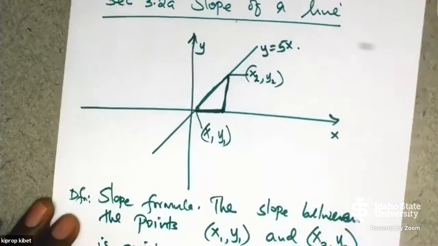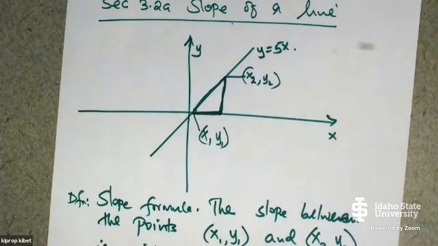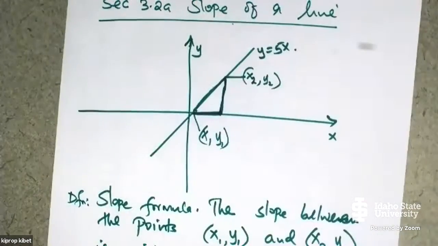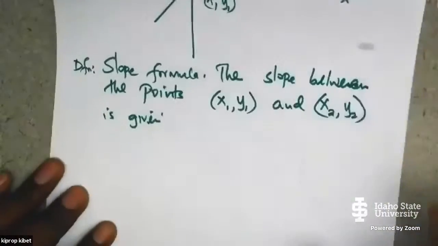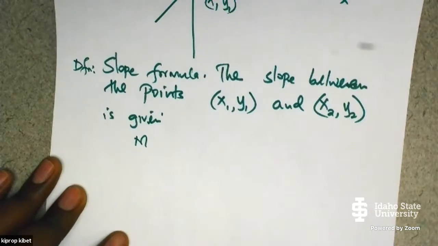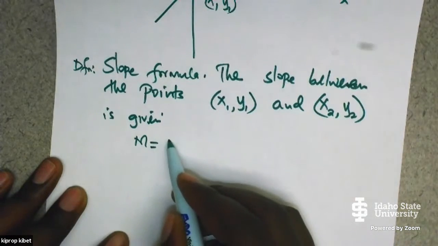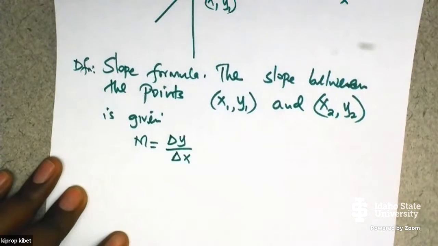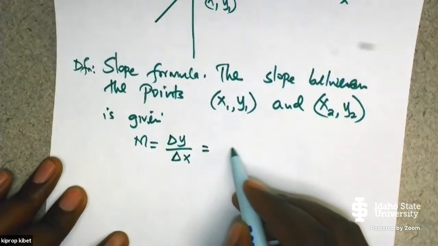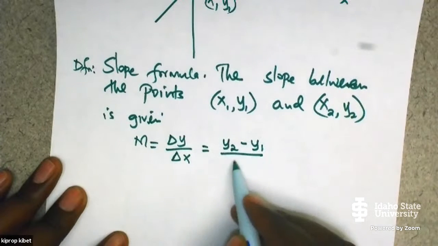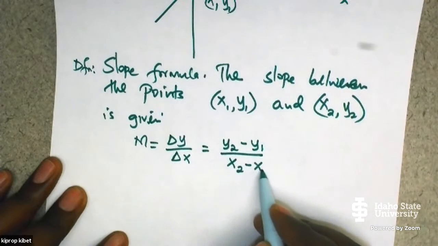So if we have the 2 points on the line, then the slope of that line will be m. So we use m for slope, which equals the change in y all over the change in x, which is the same as y2 minus y1 all over x2 minus x1.